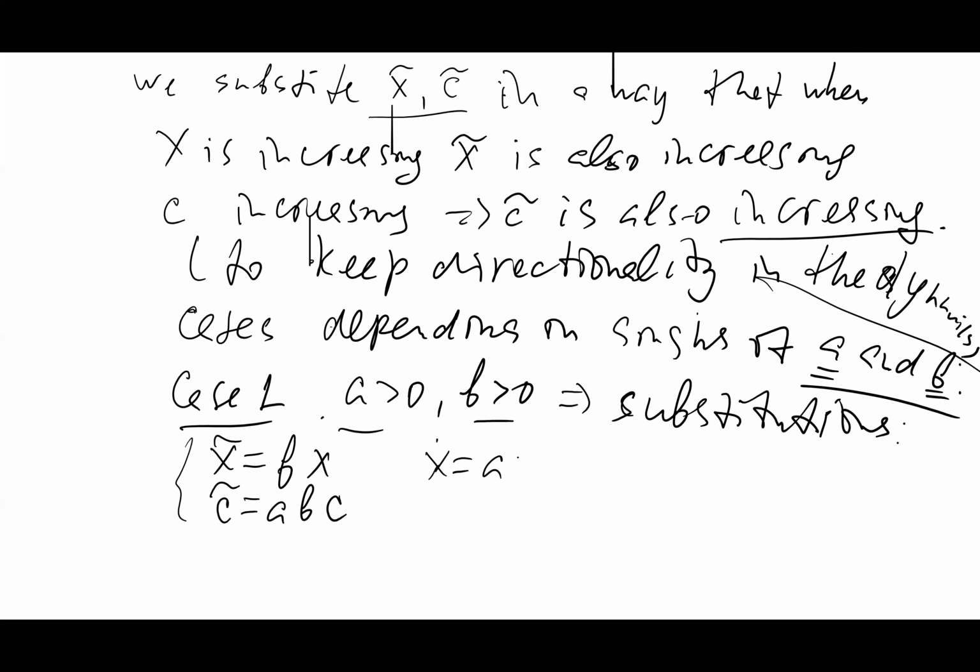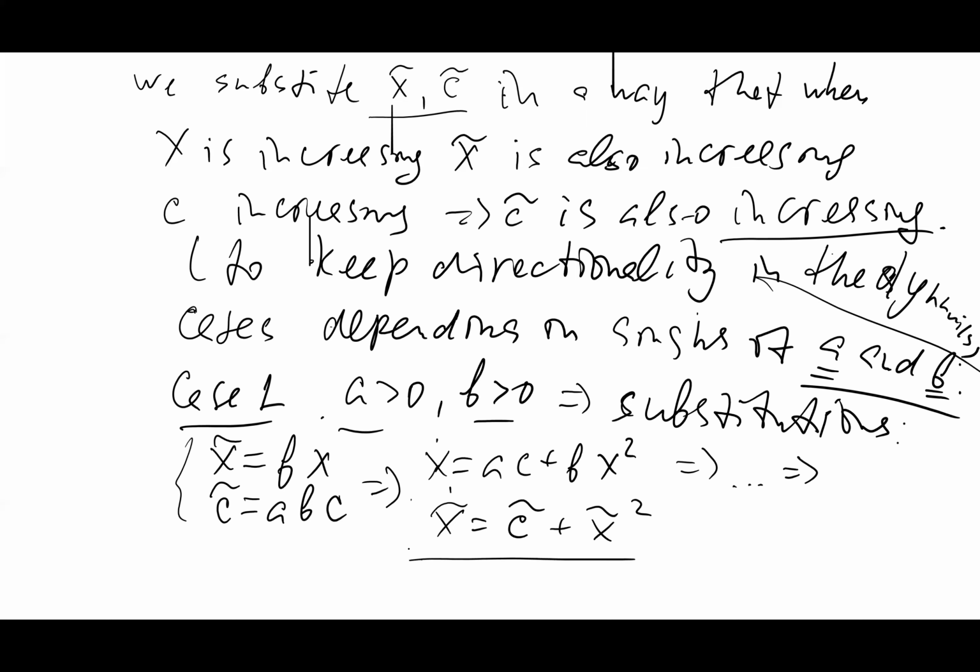x dot equals a c plus b x squared. After putting it there, in terms of x tilde and c tilde, we will have, I will skip it, you can check it, x tilde dot equals c tilde plus x tilde squared. So this is what we got.